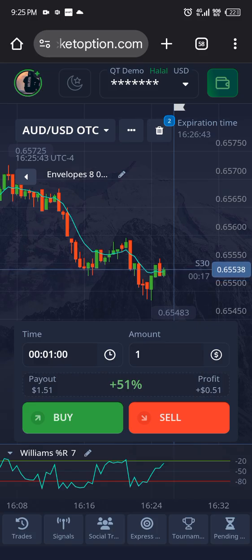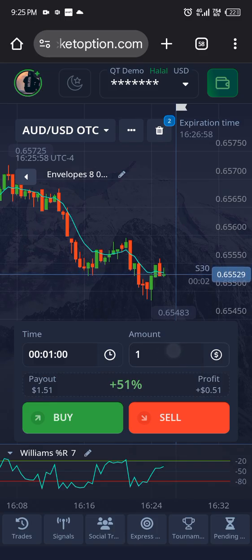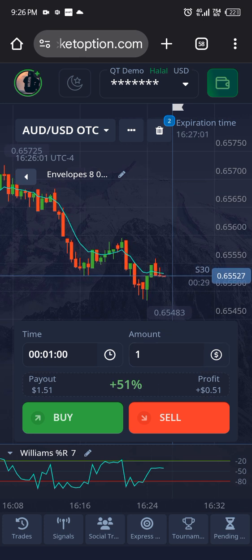And I don't know whether you know a strategy called martingale. A Gale strategy is a strategy used to recover losing trades after executing. For instance, you enter a trade with $1. It will give you 51% of this $1 after you win the trade.